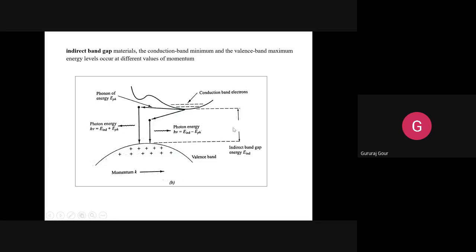Because of this unequal distribution of the momentum of the charge carriers, they will be added in one direction and subtracted in another direction, leading to unequal photon energy emission, unequal radiation, because of unequal momentum of the charge carriers in the conduction and valence bands.